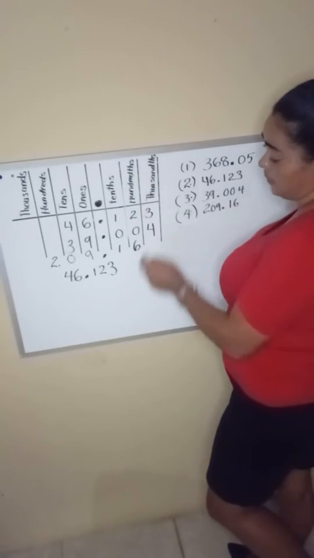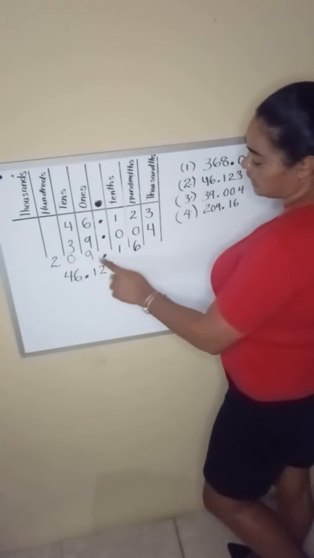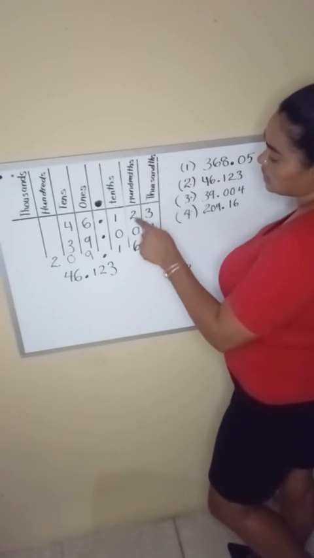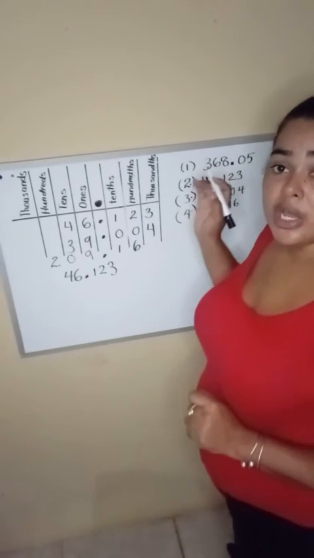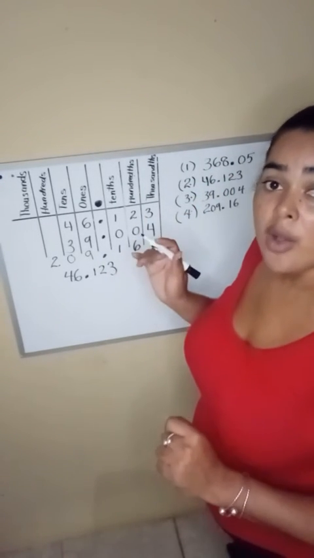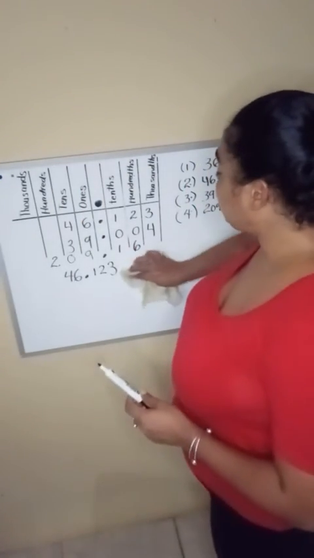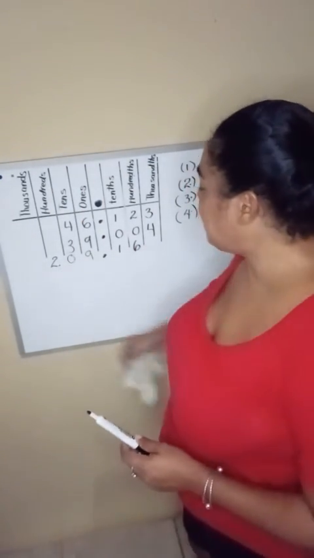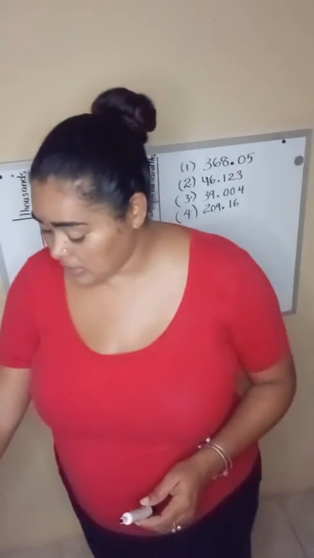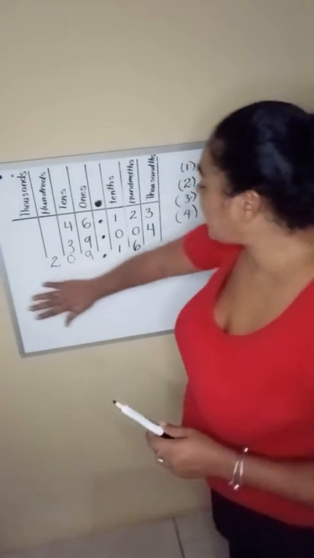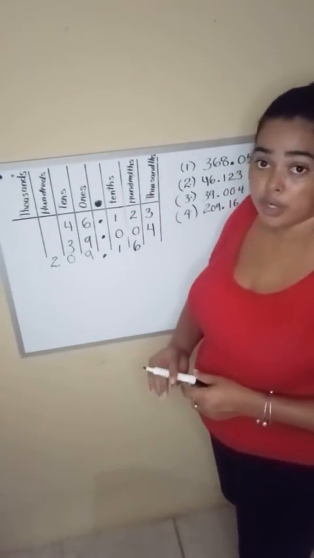Hundredths. Okay? 209 and 16 hundredths. That's how we're going to read the last one. Okay? Now, we're going to write them in word form, right? I'm going to show you how to write it in word form.